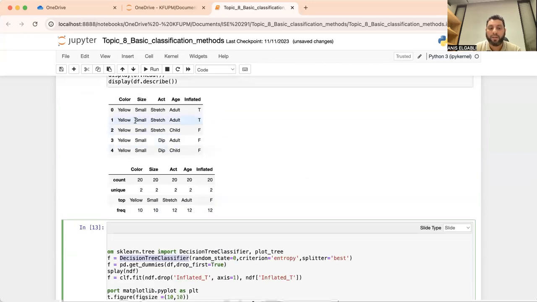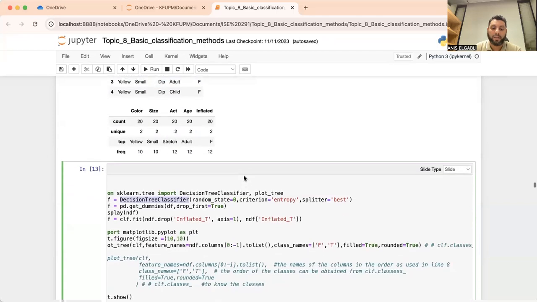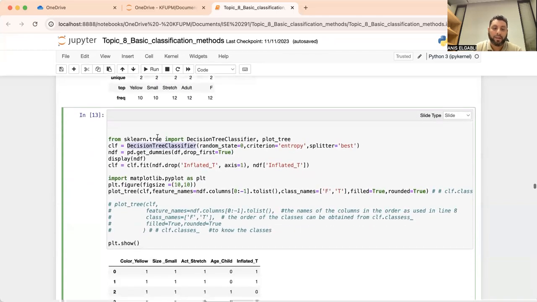In fact, if you want to build your tree yourself from scratch, you can, because we will need to compute the entropy and all of these things in order to find which feature to choose, but we can still build our tree based on the categorical values, because all we do is conditioning. So we are checking conditions. We can still condition on the non-numeric data, but here, since we are using the built-in classifier, we have to do this transformation. Okay, so here we created the classifier.